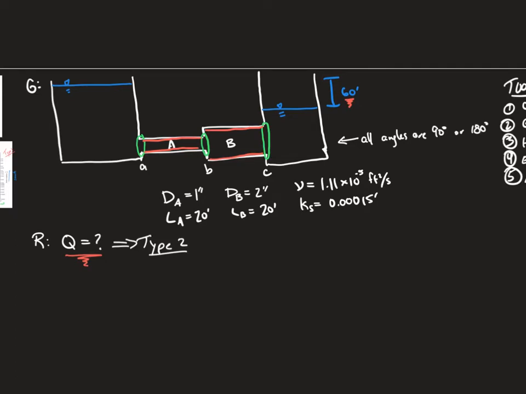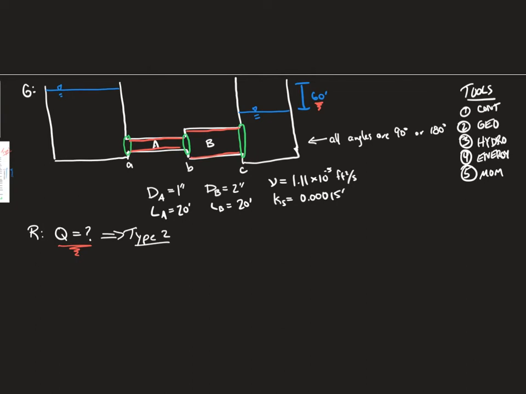Let's start by looking at our tools. First of all, obviously we have 2 pipes of different diameters, so it seems highly likely that we're going to need continuity. The geometry is going to come into it, but kind of subtly. Like this 60, that's geometry, but it's not terribly complicated.